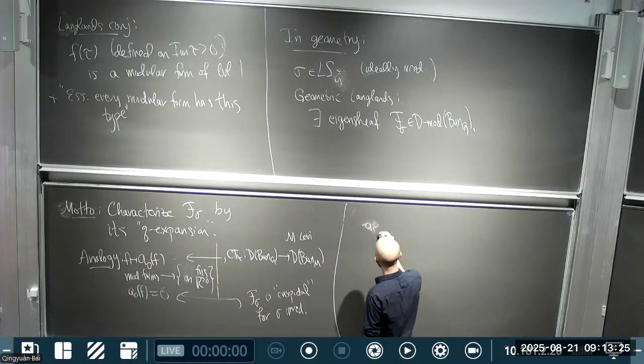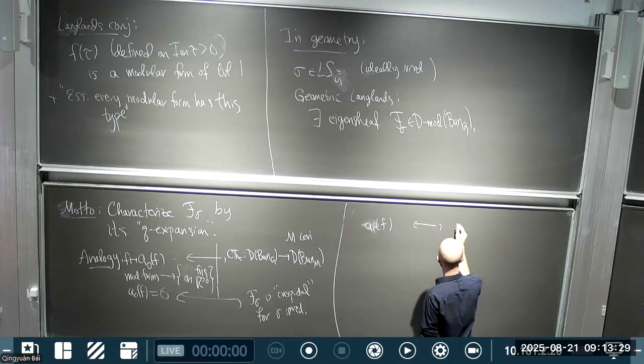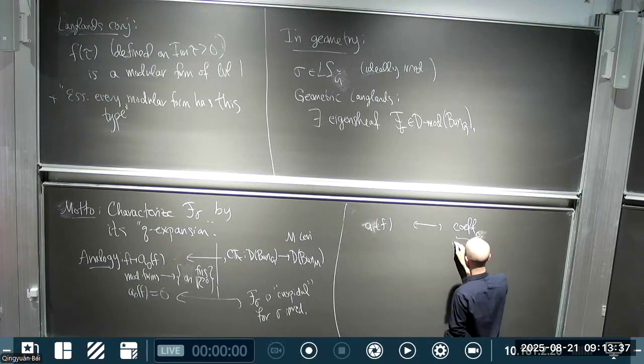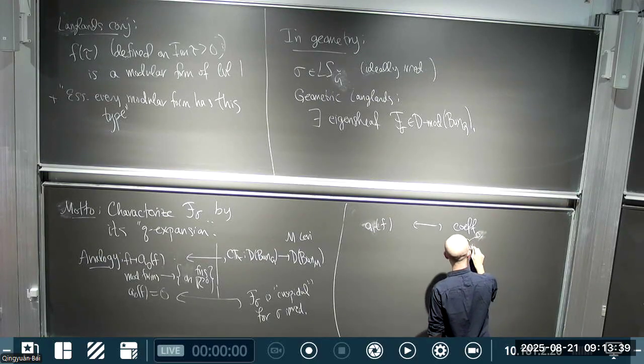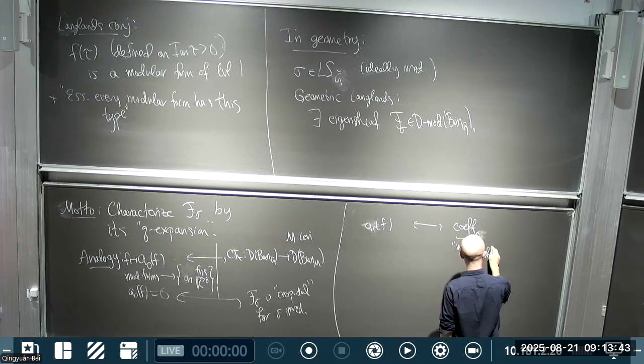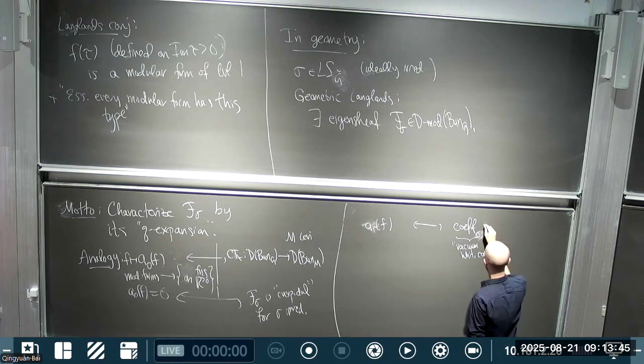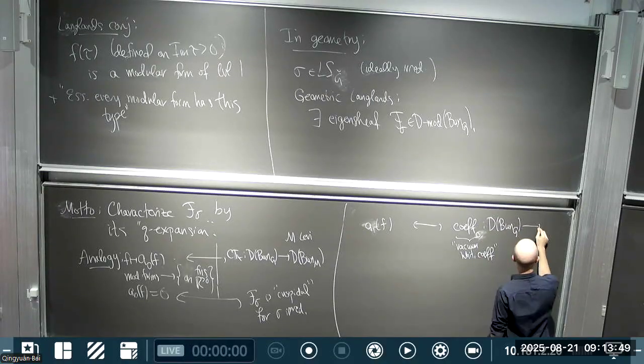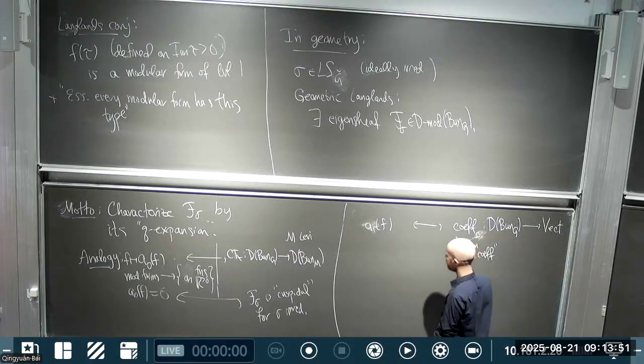So now there's this A1 of F. And this is analogous to this operation of vacuum Whittaker coefficient, from D of Bun_G to Vect.